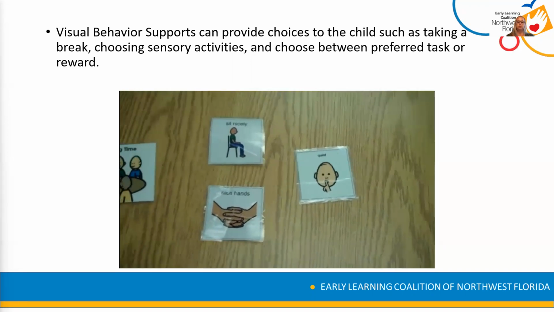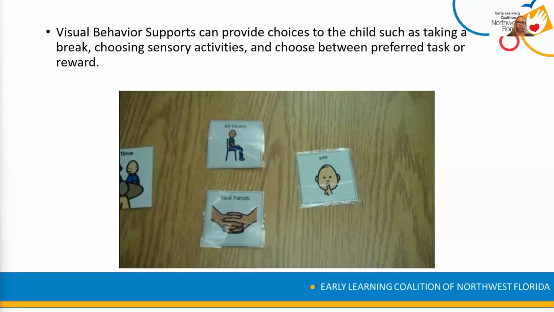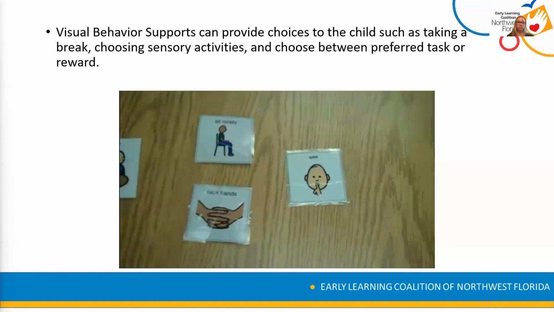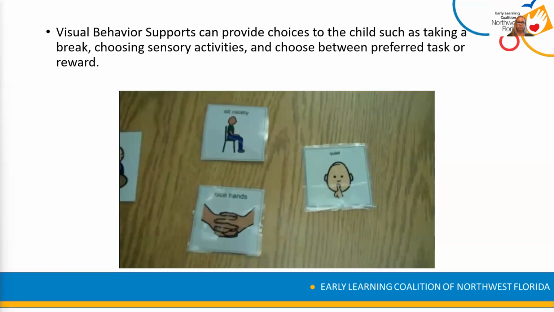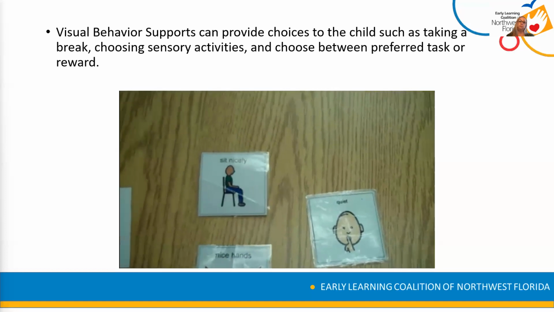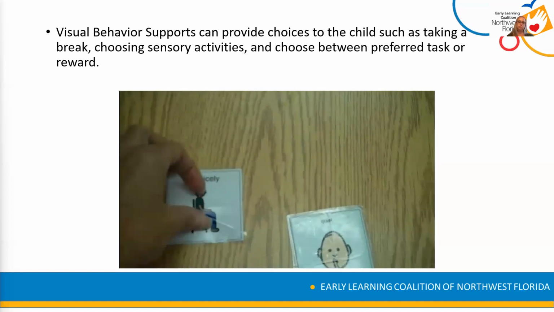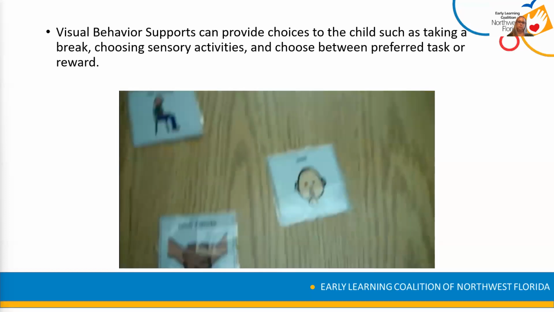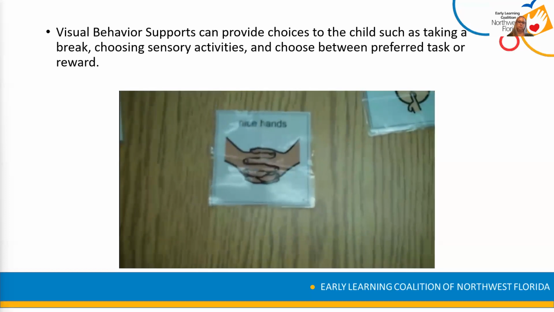Most of the time, we practice this verbally. So instead of telling them, push for permission. If they're not sitting nicely and you want them to sit nicely, show them the visual. Let's see their hands.